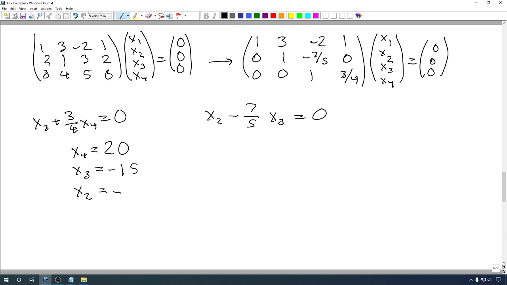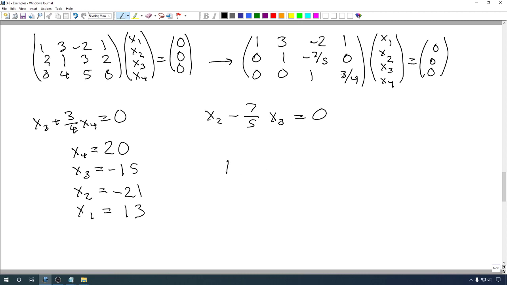So x2 is going to then have to be negative 21. And then finally, we can do exactly the same thing, doing all this back substitution to find out what x1 will have to be. And we get that x1 is going to be 13. Now, this did depend on a choice of x4. If we picked a different x4, we would get a different vector. But everything is just going to be a multiple of what we pick for x4.